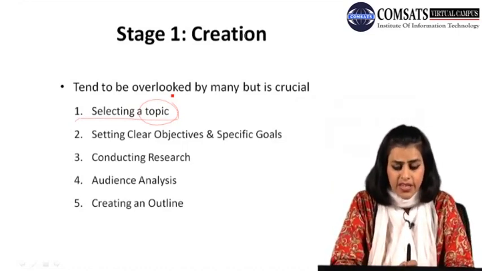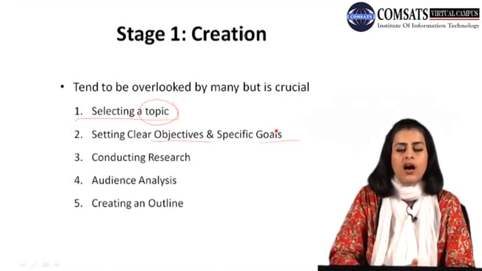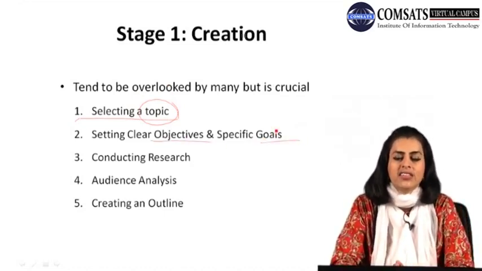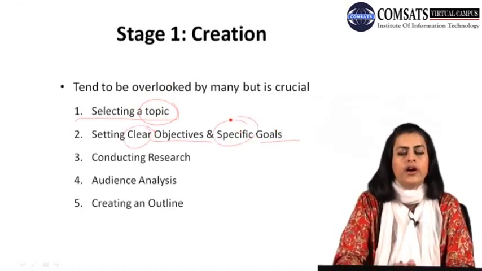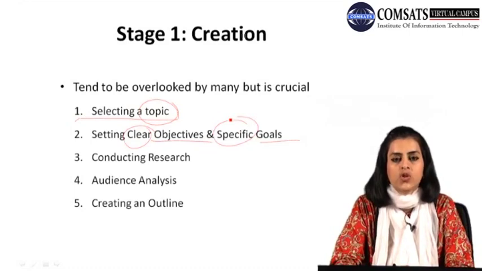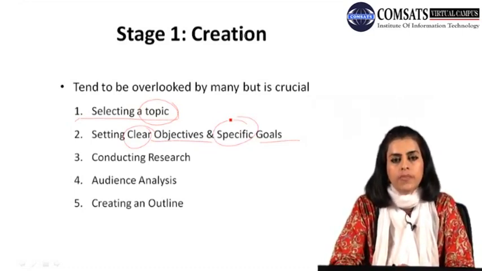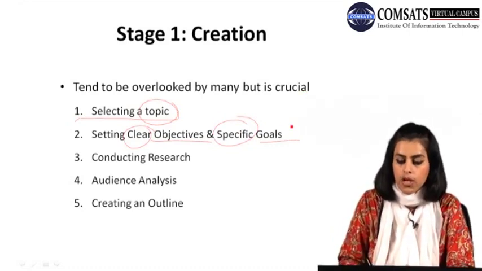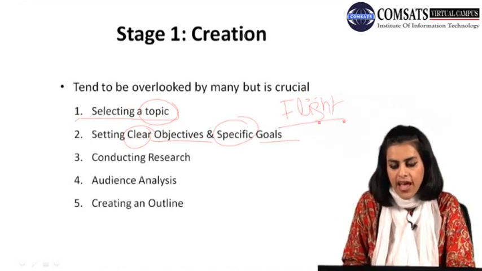Now, setting clear objectives and specific goals. Objectives and goals are basically one thing. They should be specific and clear at the same time. You have specific goals and clear objectives about where you want to take your presentation. Remember, we had been talking about the flight mode.